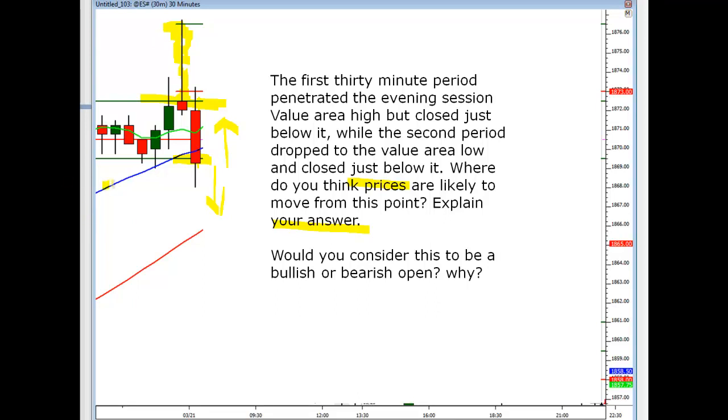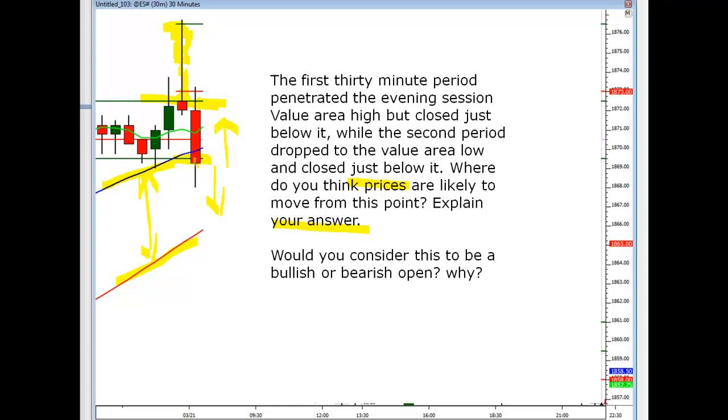First of all, notice the strong uptrend. And how do we know that? Look at my 20 above my 50, and look at the gap between the two of them. They are almost parallel to one another. That is a very bullish signal, or a very bullish pattern.